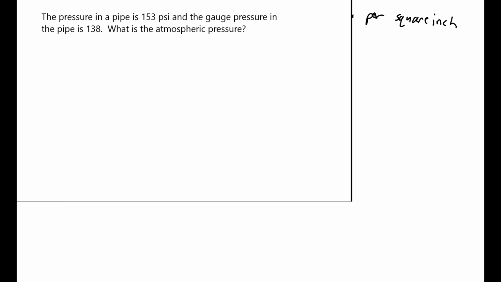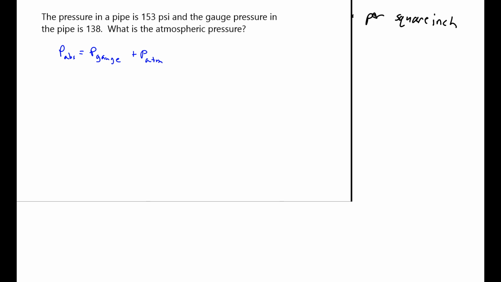Pressure in a pipe is 153 psi and the gauge pressure in the pipe is 138. What is the atmospheric pressure? So we're going to do pressure absolute equals pressure gauge plus pressure atmosphere.